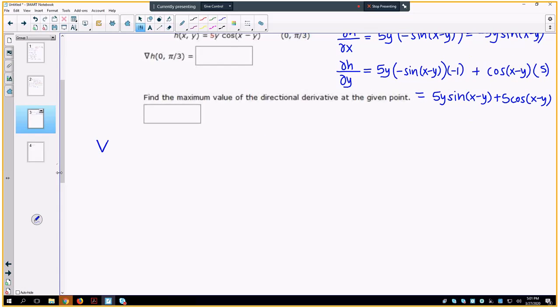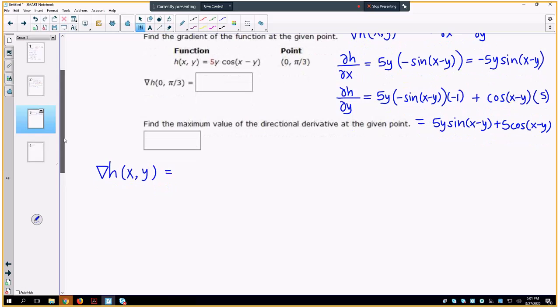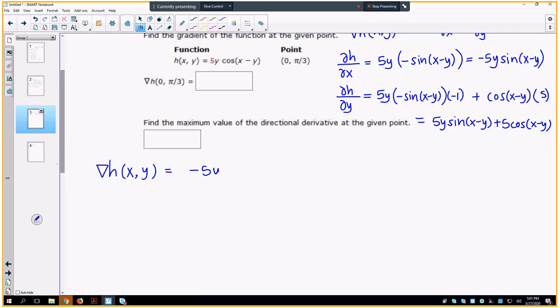So the gradient of the function h of x and y is going to be minus 5y times sine of x minus y times i cap, plus 5y sine of x minus y plus 5 cosine of x minus y j cap. All right. So I have my gradient.